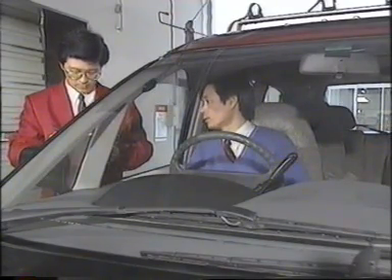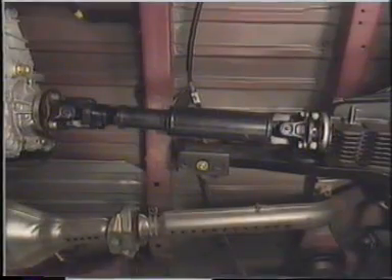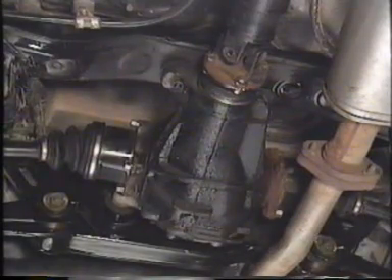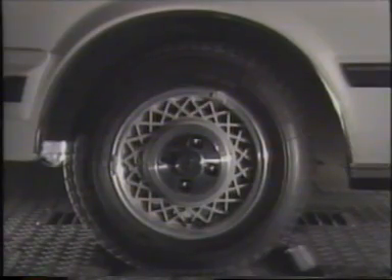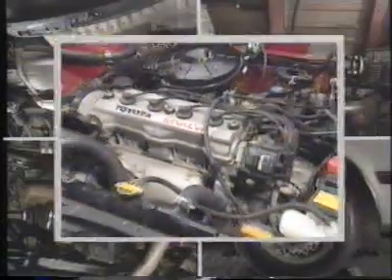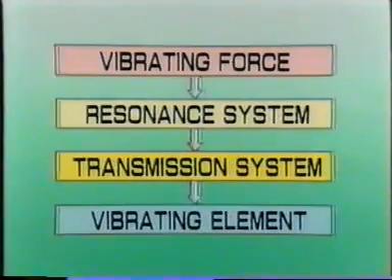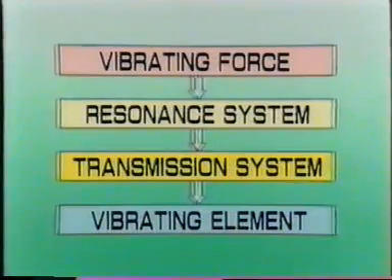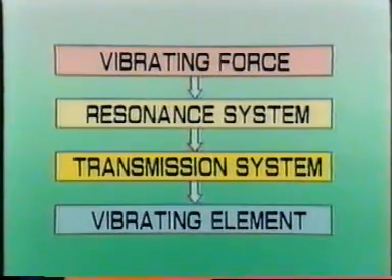More importantly, you should find out the vehicle speed and engine speed at which the problem occurs, as well as other relevant factors, and identify the characteristics of the vibration and noise as accurately as possible. When you have all the necessary information, it should not be too difficult to identify the source of the vibration. In addition, you should sort out all the elements of the mechanism of the vibration and noise and decide which element you need to remove in order to suppress them.